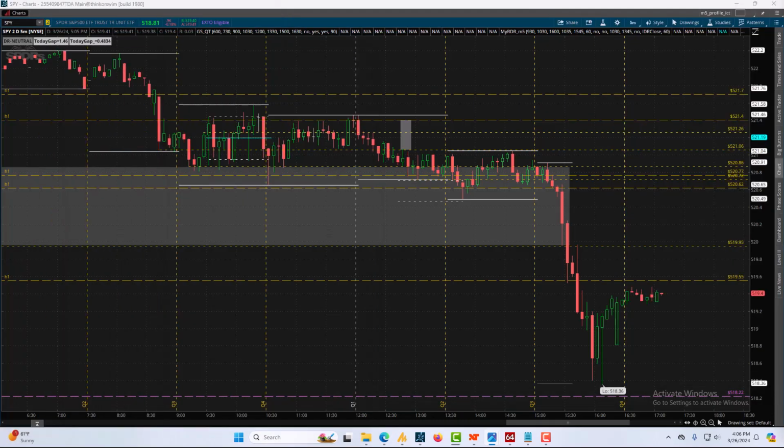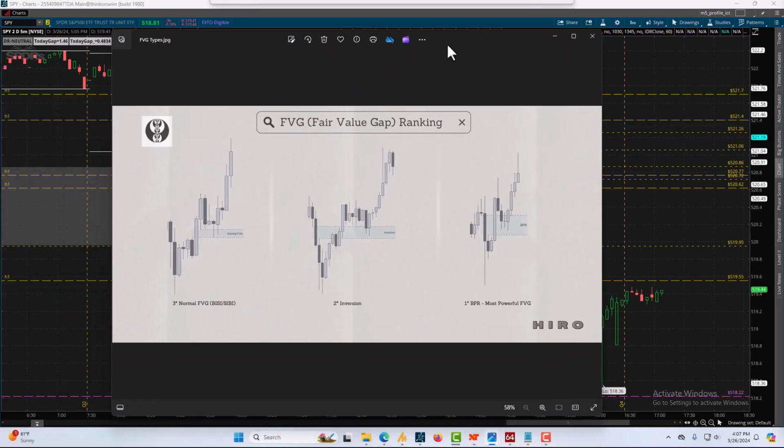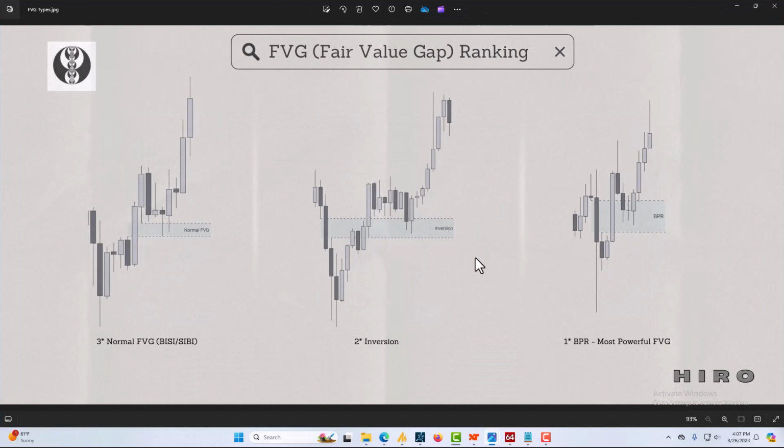But in this case it breaks down, so you can call this a balanced price range, down and up, and retest. We thought it was going to be a retest, but precisely it's going down, so that's a little bit confusing for us right there. We thought there would be a balanced price range right here, or that it gives us an inversion fair value gap right here. We thought the down close is just a retest and it's going to go, but in this case it breaks down.